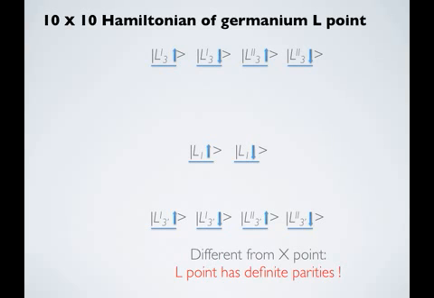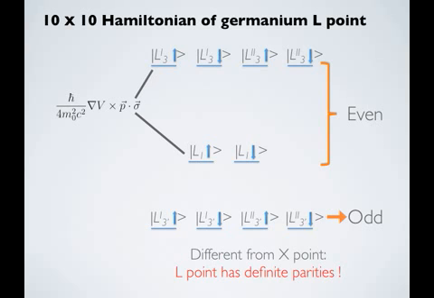interesting physics. An important feature of the L point is that it has definite parity under inversion, in which the conduction bands are even, while the valence band is odd. With the existence of the spin-orbit perturbation, the upper and lower conduction bands are coupled by the k-independent term, while the coupling of the conduction and valence band is by the k-dependent term.